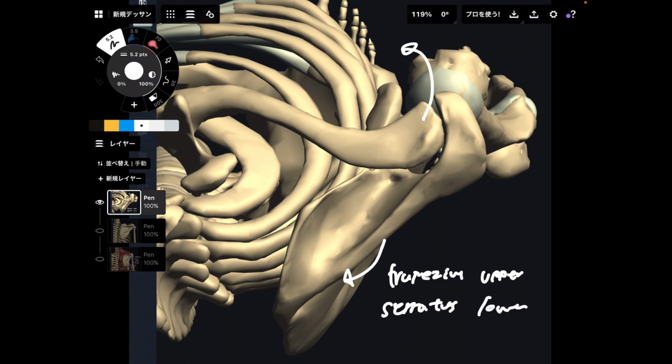What about internal rotation? This movement needs a passive factor again, okay? The passive factor is gravity. Gravity and relaxation of trapezius and serratus.